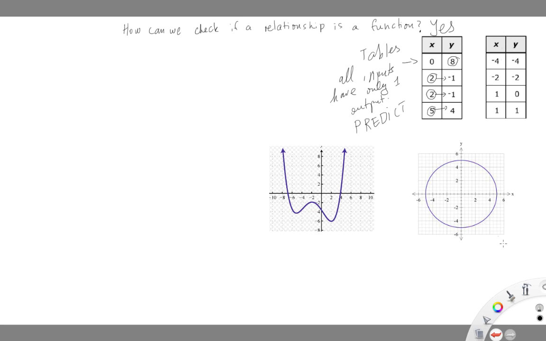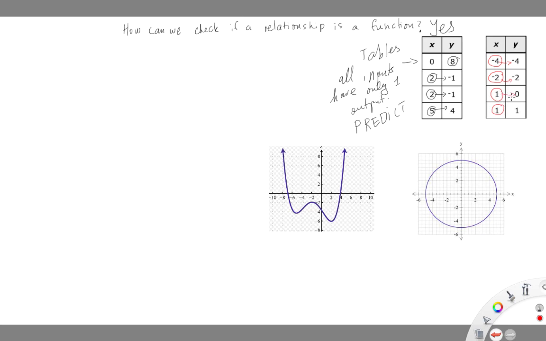Now let's look at the second table over here. In the second table, we're going to look at every input and see if it has only one output. An input of negative 4 has only one output, which is negative 4. Input of negative 2 has only one output, which is negative 2. However, input of 1 gives me two different outputs.